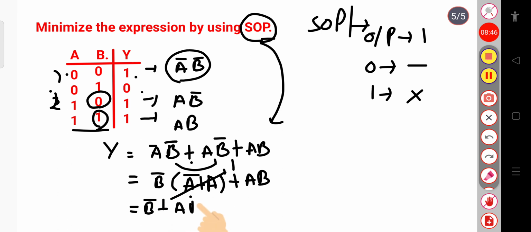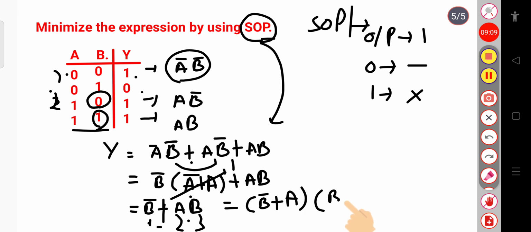If you remember, in the previous class we discussed that if this is in the form of 1 plus 2 into 3, then this will be equal to 1 plus 2 whole into 1 plus 3.